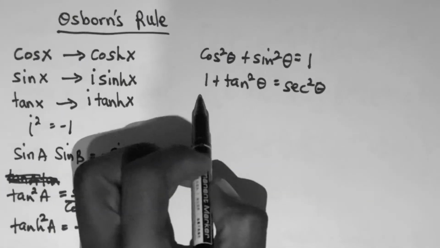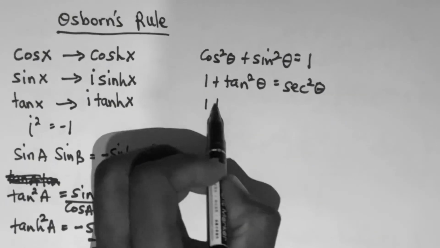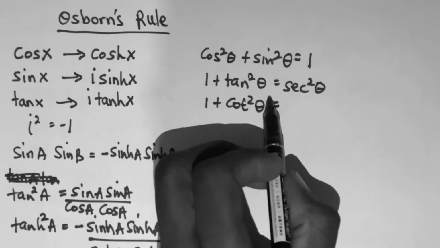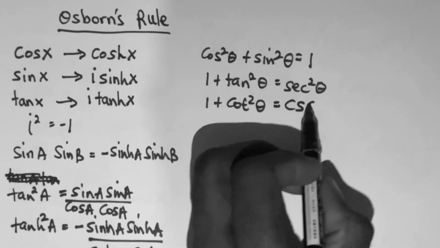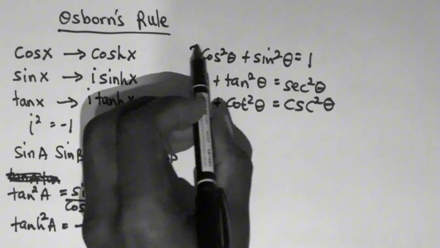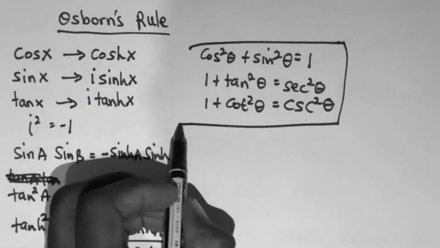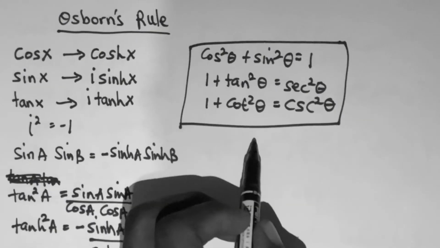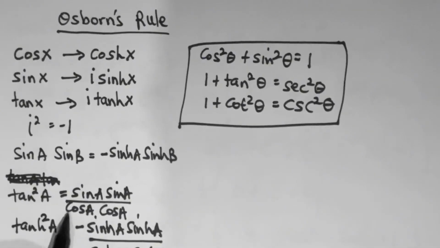And then we also know that 1 plus cot squared theta is equal to cosec squared theta. So now we want to convert these 3 trigonometric functions into hyperbolic functions using Osborn's rule.